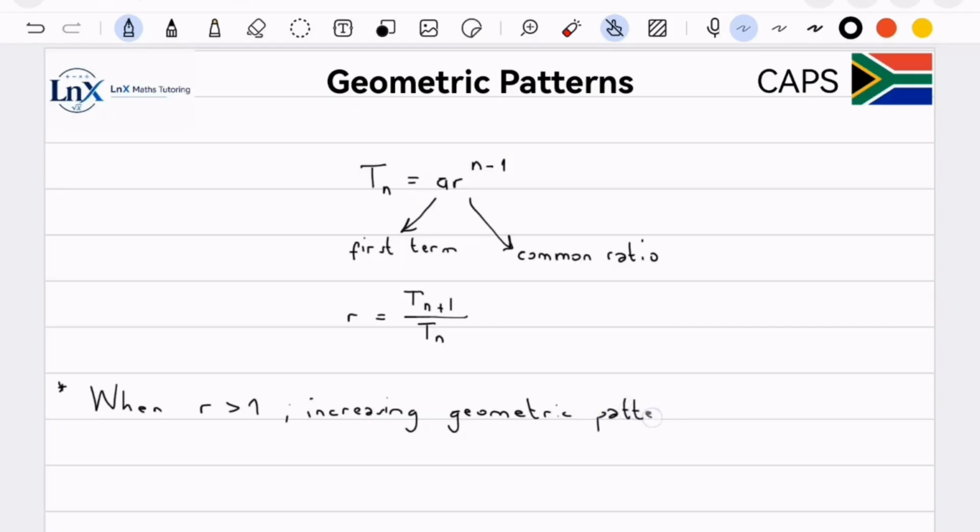And when your common ratio is between -1 and 1, then you have a decreasing geometric pattern.